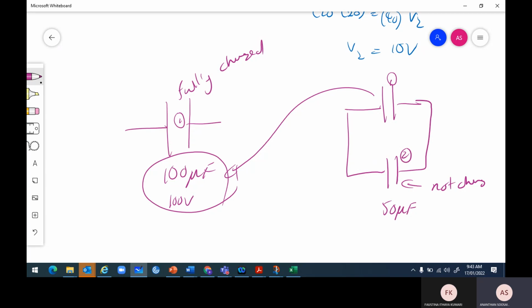The potential difference is zero, so no current flows. Now the question is, when equilibrium is achieved, what is the new voltage across the capacitors? Find the new voltage for this arrangement.